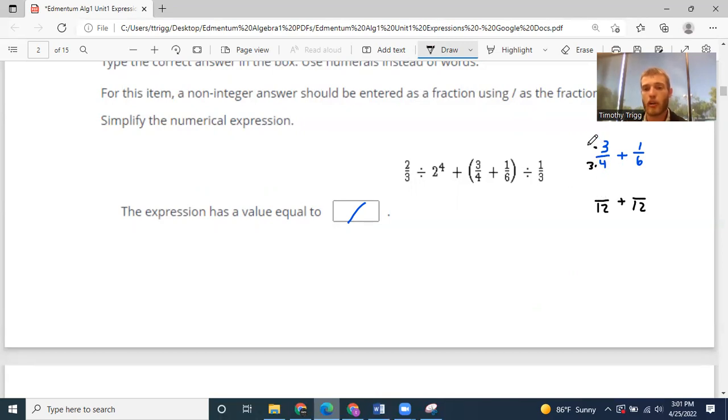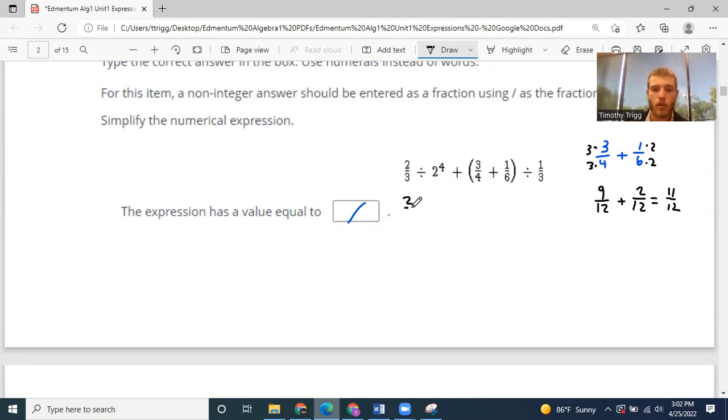So you multiply the numerator also by 3. 9/12. So 3/4 is the same as 9/12. For sixths, multiply by 2 to get 12. You multiply the numerator also by 2 to get 2/12. 9/12 plus 2/12 is 11/12.